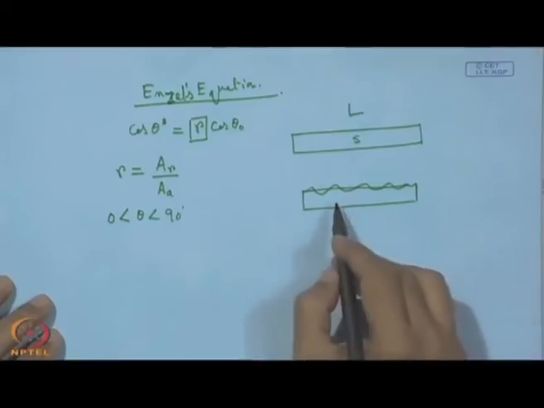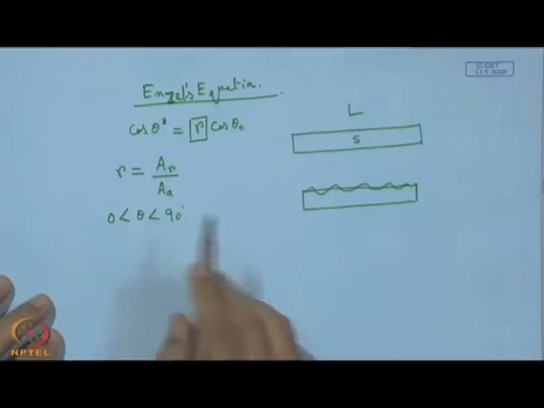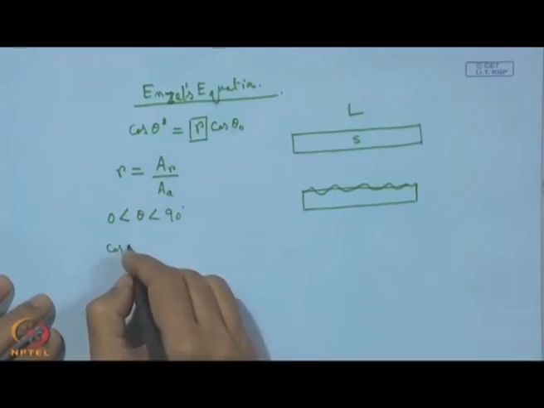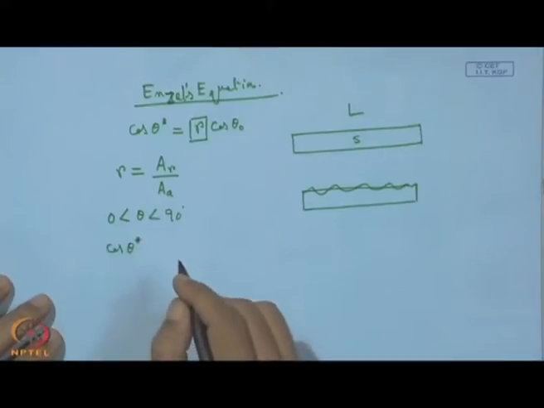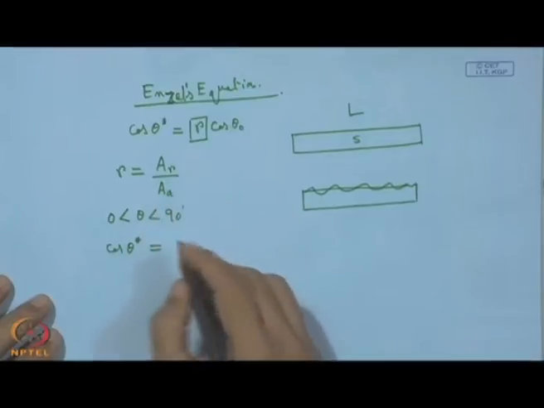Under that condition, if we have a rough surface, then this rough surface favors wetting according to this law. Because in this case cos theta star, that means the equivalent or apparent wetting angle, will be more than 1.